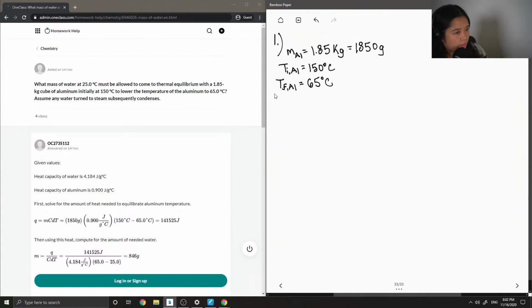And they also give us the T initial of water, I believe.